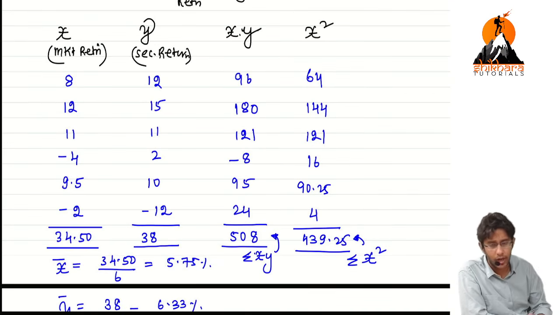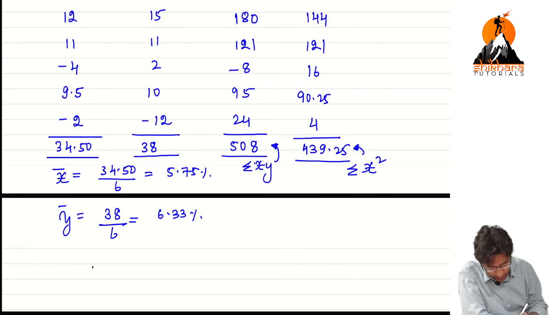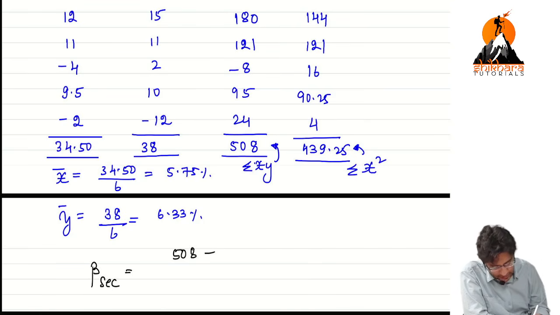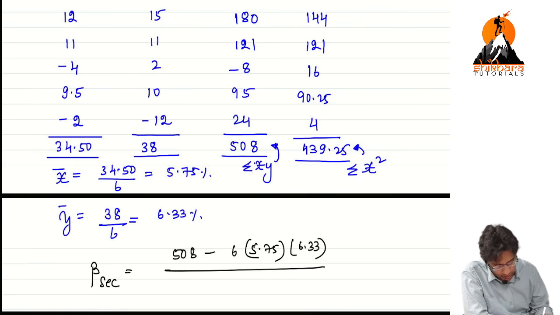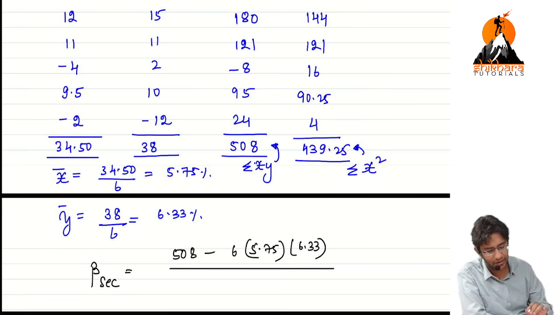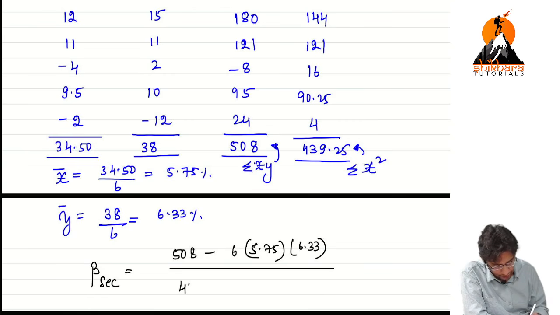Okay guys, handle this beta formula and substitute. Beta of security equals summation of xy, 508, minus n, 6 observations, into x bar into y bar, 5.75 into 6.33. In the denominator, wherever y is there, you place x. Summation of xy becomes summation of x square, 439.25, minus n into x bar whole square.